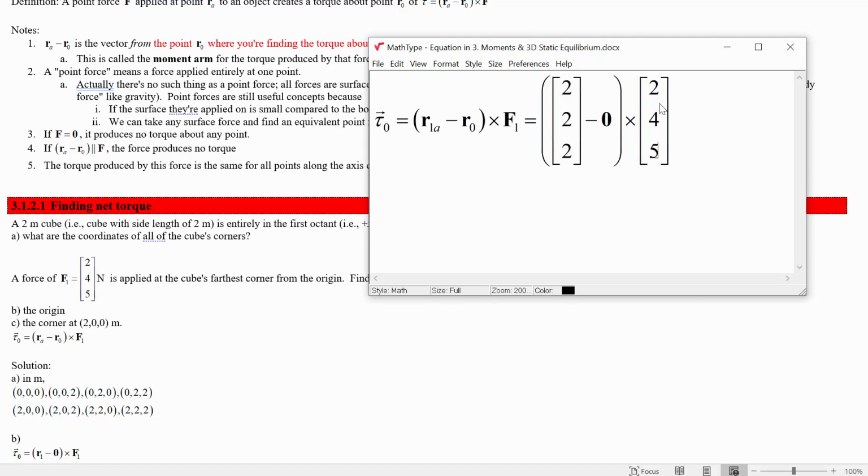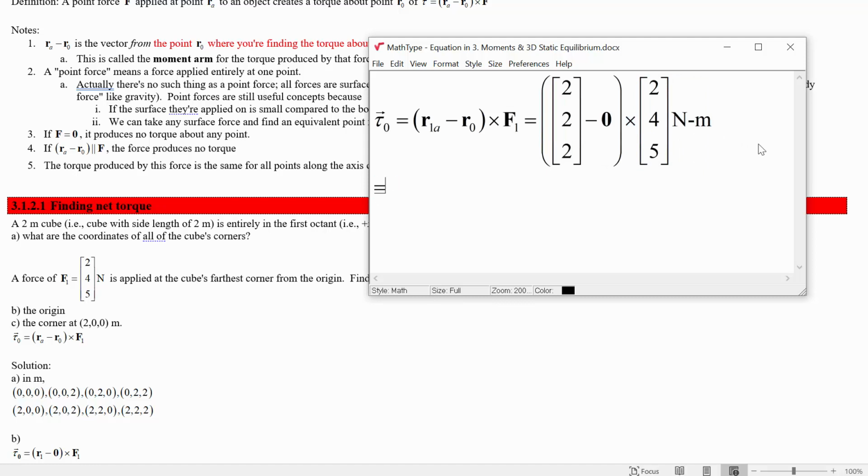These are all in meters, and these are all in newtons, so we can just take this out at the start and not have to rewrite it for every term. The concept is that the location where the force is applied minus where we're finding the torque is the moment arm, and we cross that with F1, the force vector.